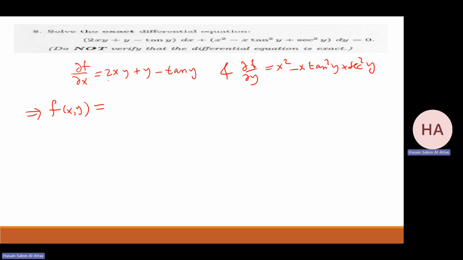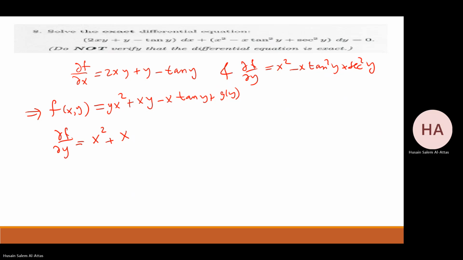That will be the integration of this: x squared plus xy minus x tan y plus function of y. Now, partial f with partial y will be x squared plus x.